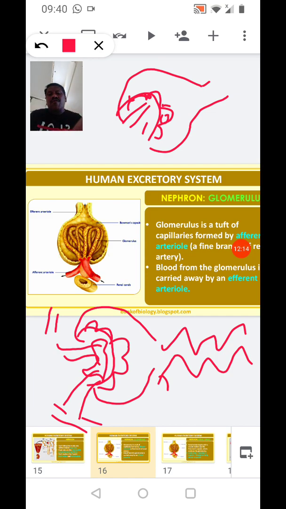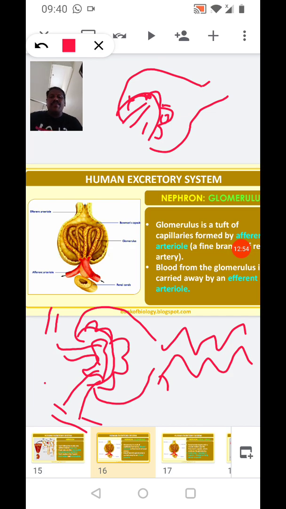The wall of the glomerulus, the wall of blood capillaries, is also made up of endothelial cells, which also contain numerous minute pores. And these numerous minute pores are together known as fenestrations. Okay, fenestrations. And these fenestrations of the glomerulus and filtration slits of the Bowman's capsule together help in the filtration of the blood. Understood?